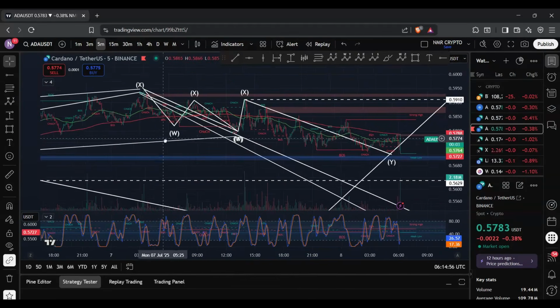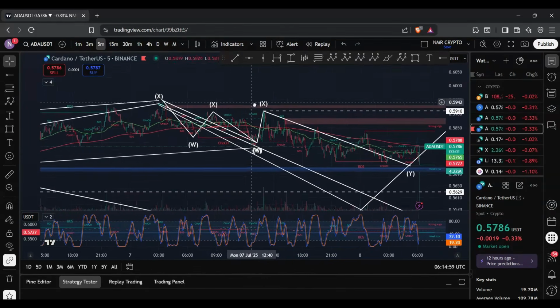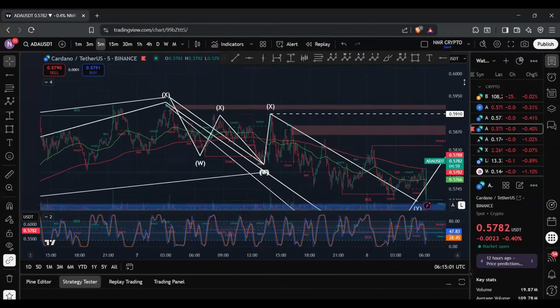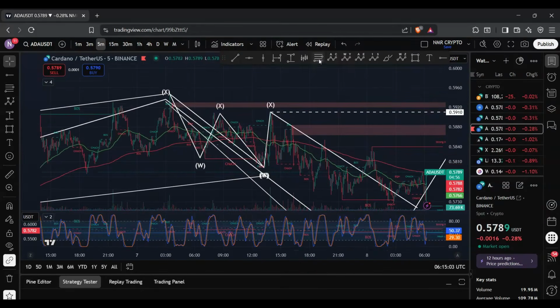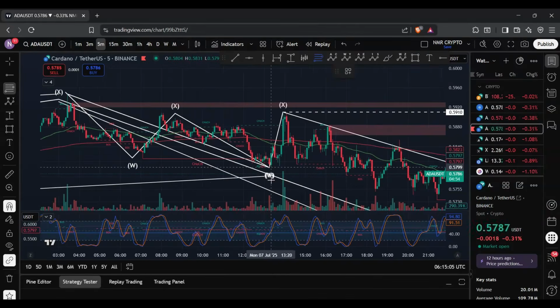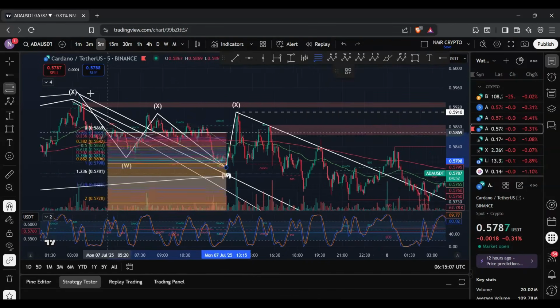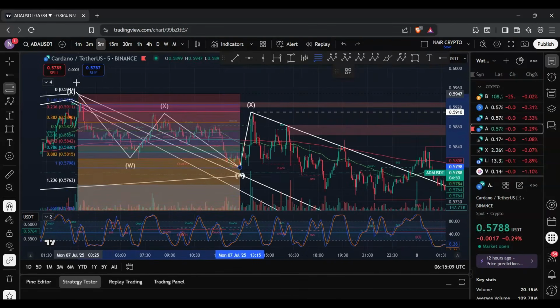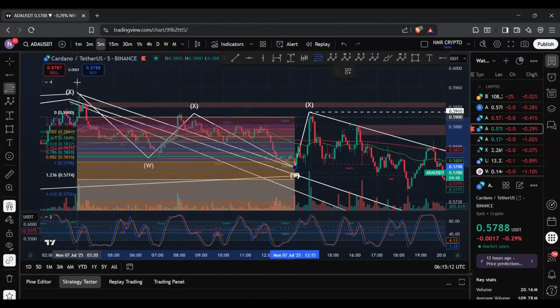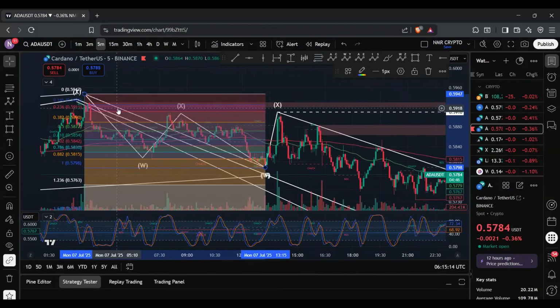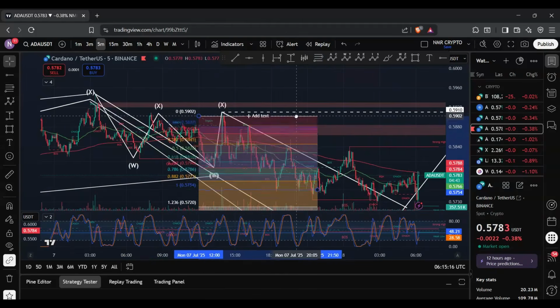And so what I'll do is I'll set out the Y wave target, which is typically a 1 to 1.226 retracement of the W wave. And then I'll bring this to you over here.